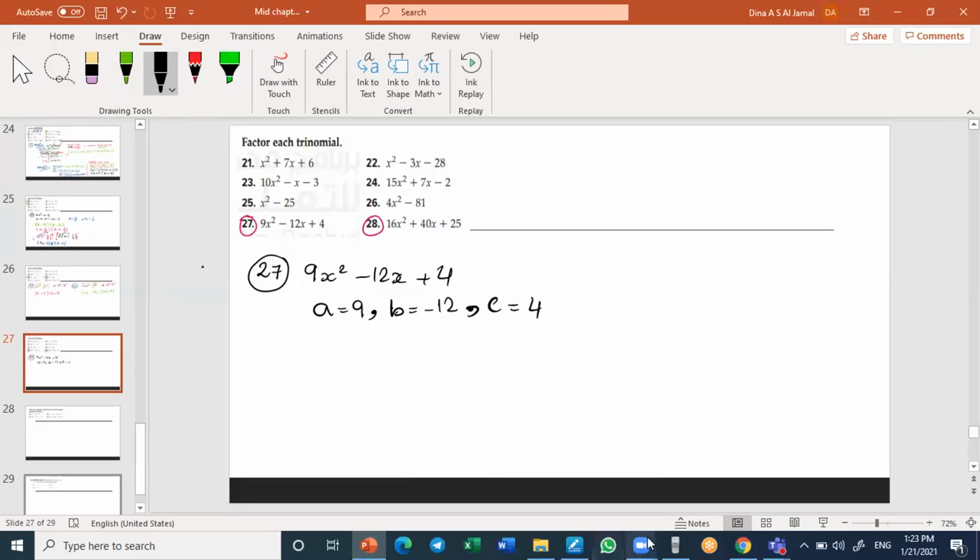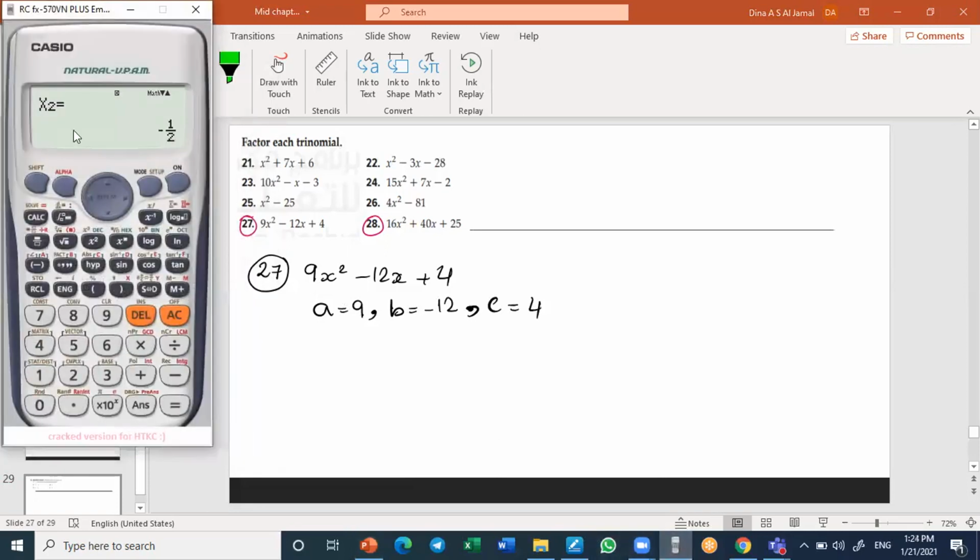Now pay attention to what we will be getting. Previously, we were getting x1 and x2. Now let's see. Mode 5, 3. Let's substitute 9 for a, minus 12 for b, 4 for c. The calculator just gives you one value, x equal to 2 over 3.